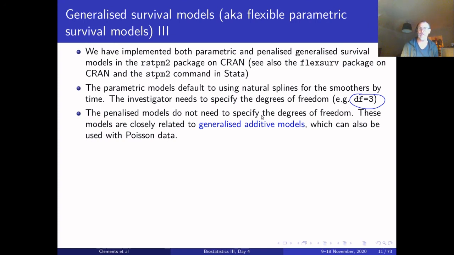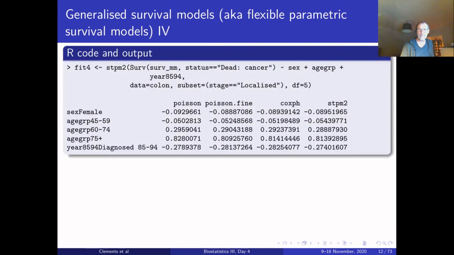The penalized models do not need the degrees of freedom to be specified, and these models are closely related to generalized additive models. You can actually do generalized additive models for Poisson outcomes, which is another very elegant approach.